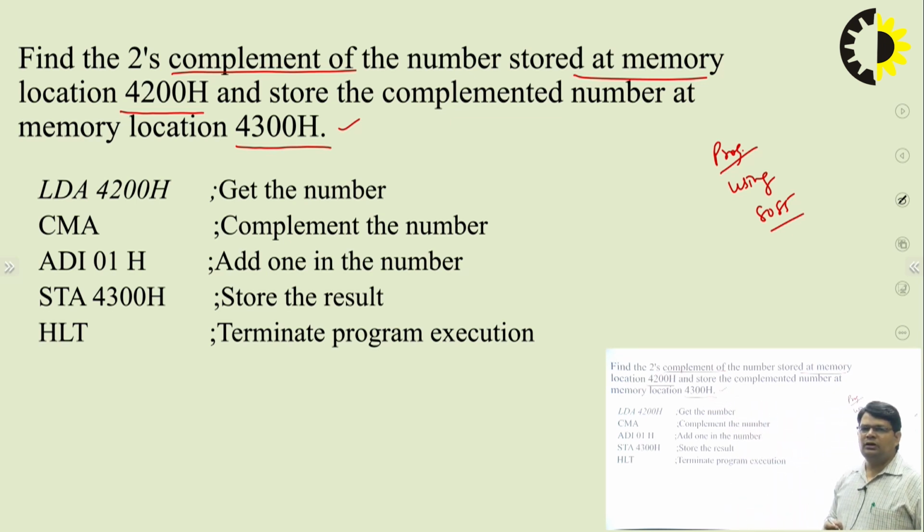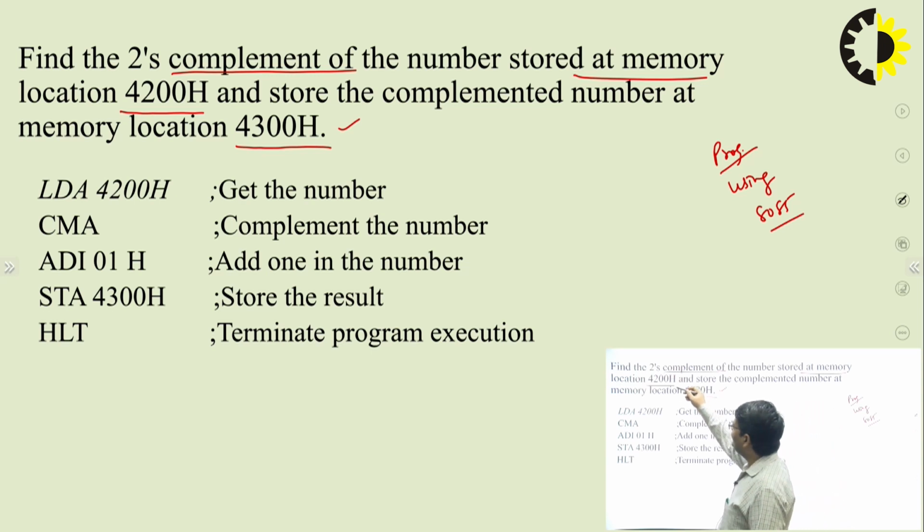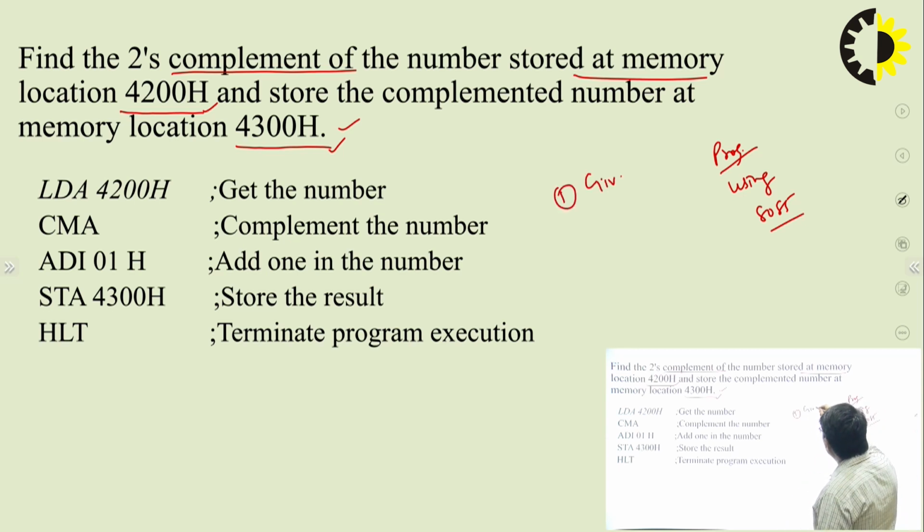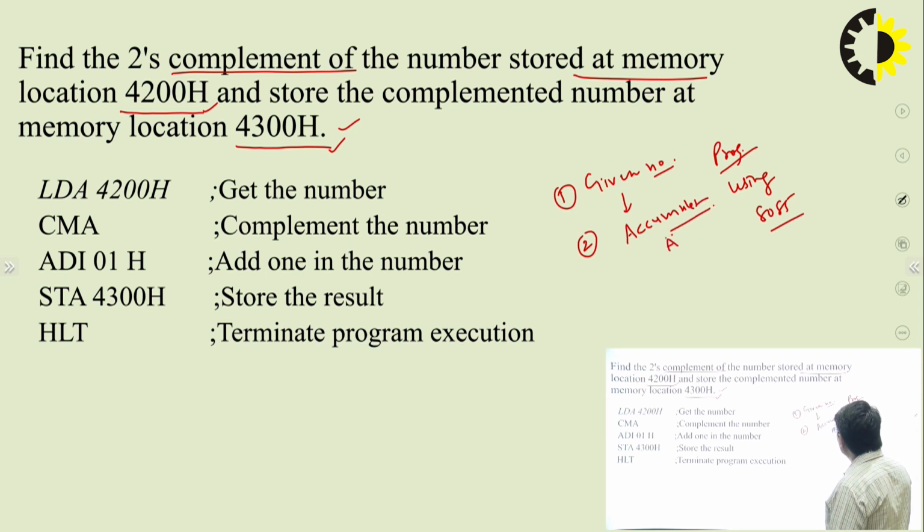So the concept is very simple. The given number is available at this location and we have to find its 2's complement, and then the 2's complement is to be stored at this location. So the very first step will be, first of all we will take the given hexadecimal number, then in the next step it will be loaded into the accumulator, or the A register.